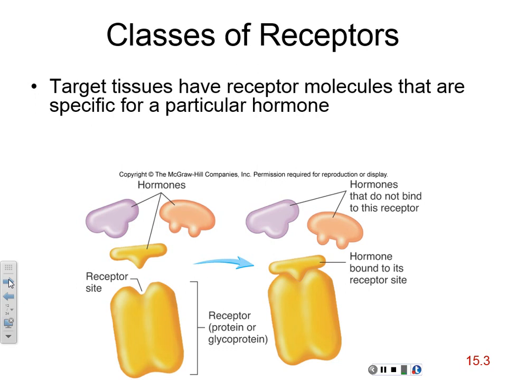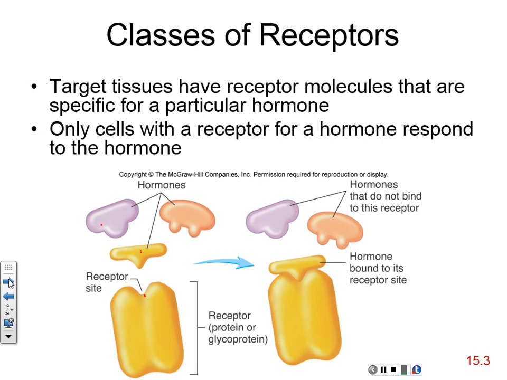So the only way you can discriminate is that you have this kind of receptor, this kind of ligand or hormone, and how it doesn't fit there. Only a specific ligand or hormone will fit, and that's the only one that will influence it. So that's the specificity.